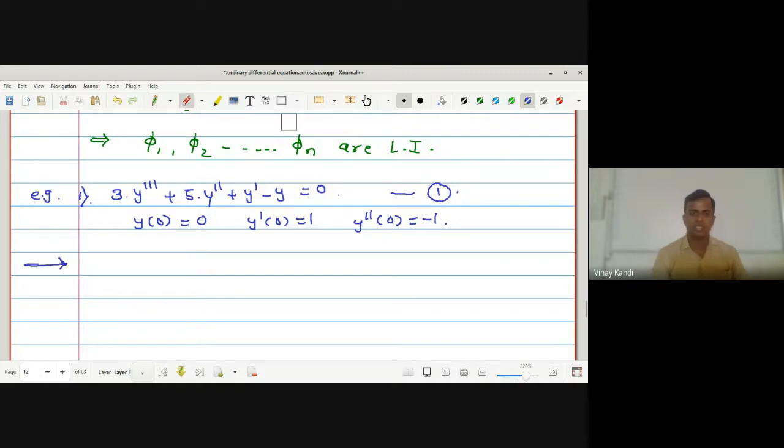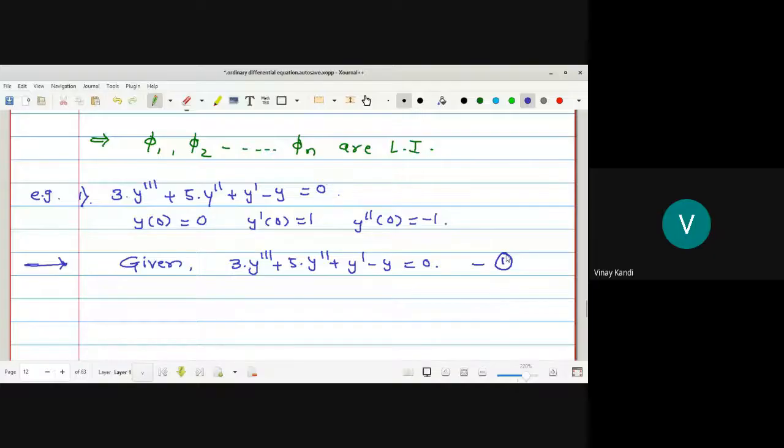Now here, given equation 3y''' + 5y'' + y' - y = 0.